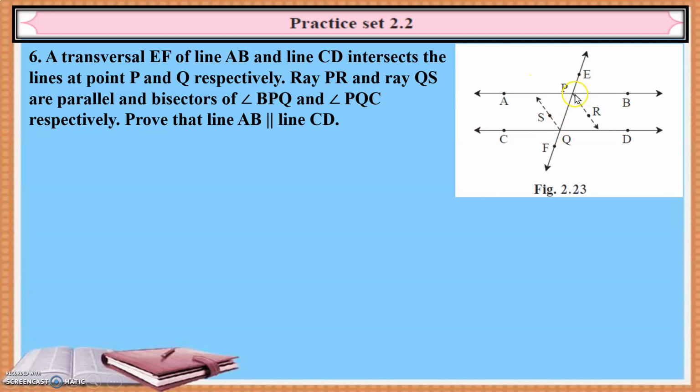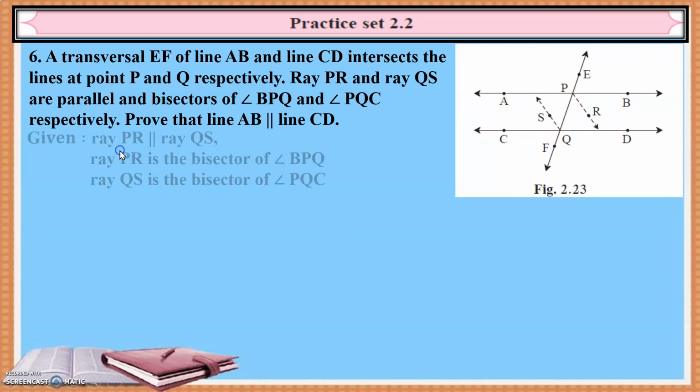Ray PR, this is ray PR and ray QS are parallel to each other. So PR and QS are parallel and they are also bisectors of angle BPQ and PQC respectively. Prove that line AB is parallel to line CD. Okay. Now let us write what is given.